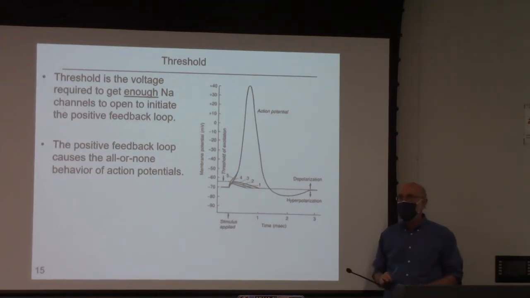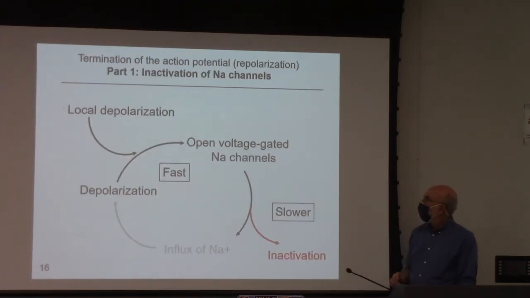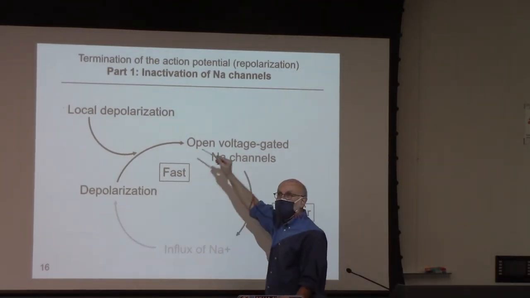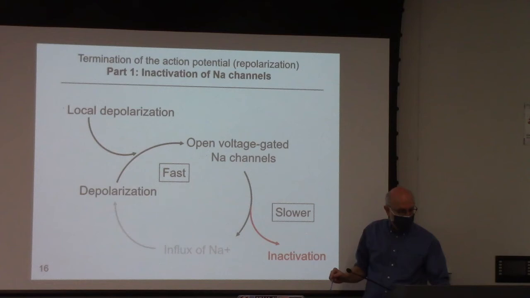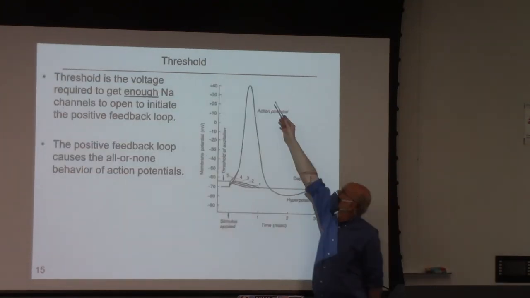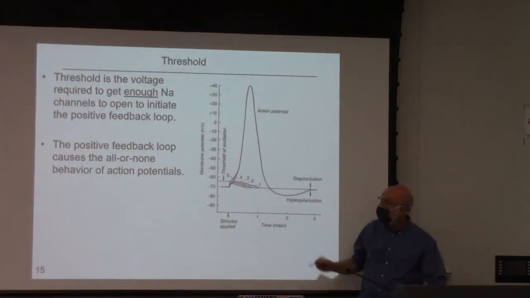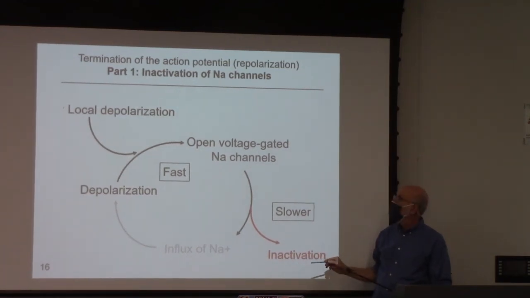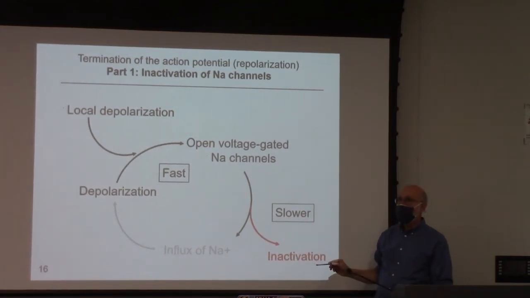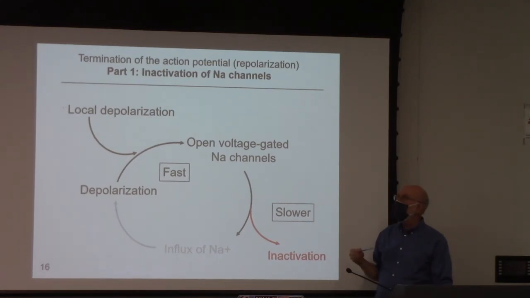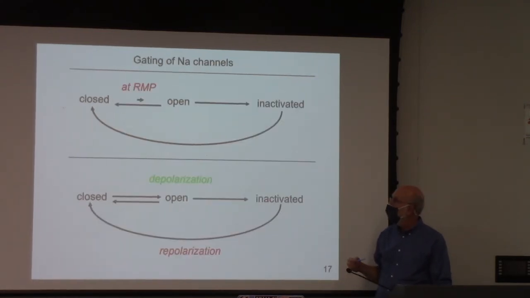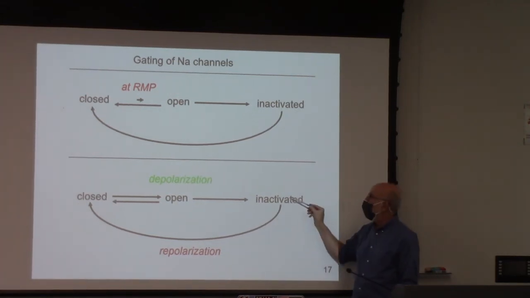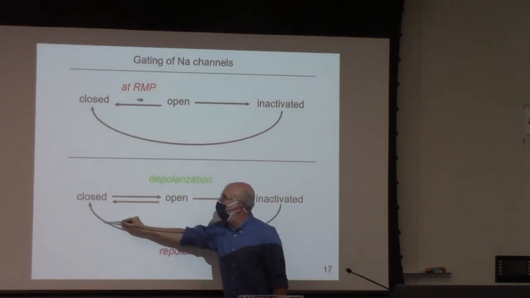And I'll answer that in a moment. So the sodium channels go through this loop, get to the peak, and then inactivate. What allows them to recover is during repolarization, they can recover from inactivated back to the closed.